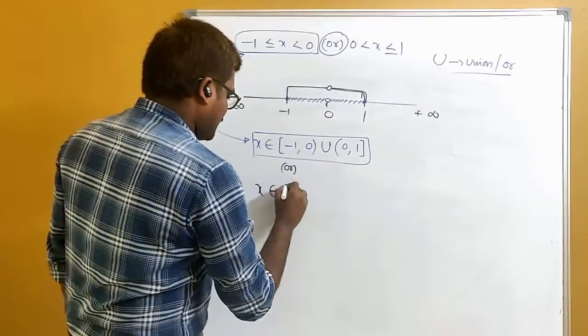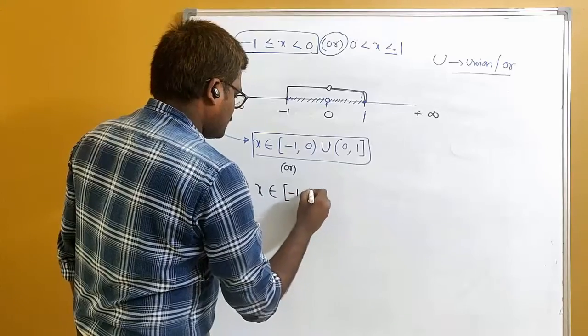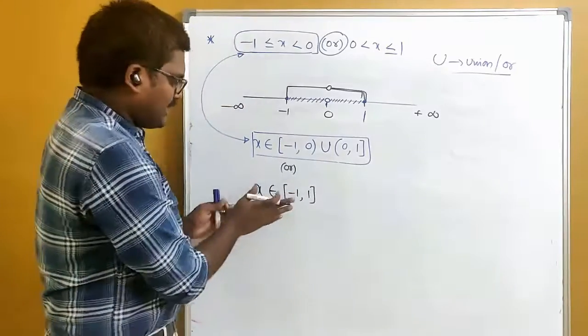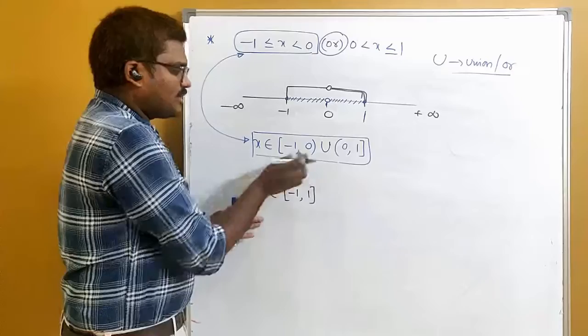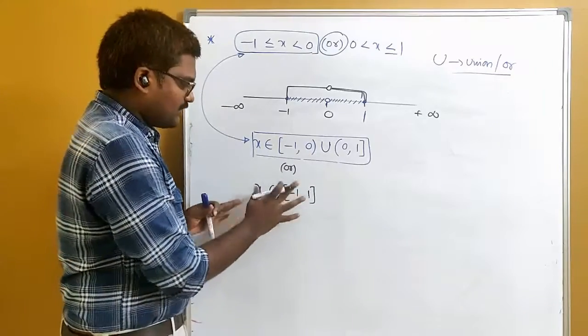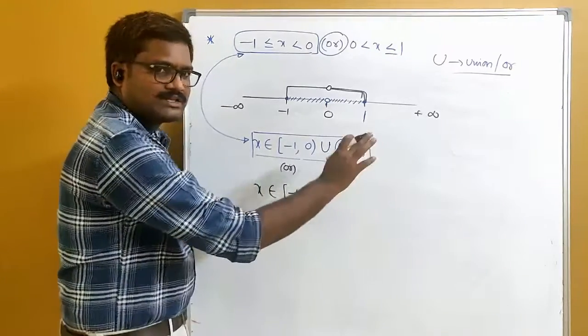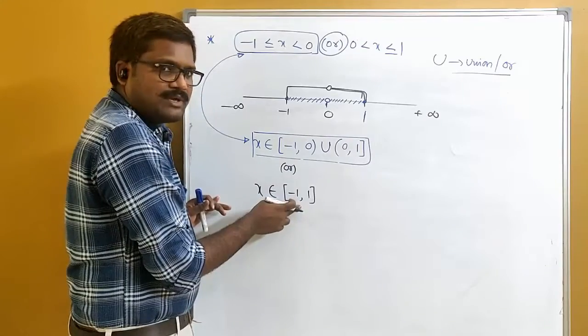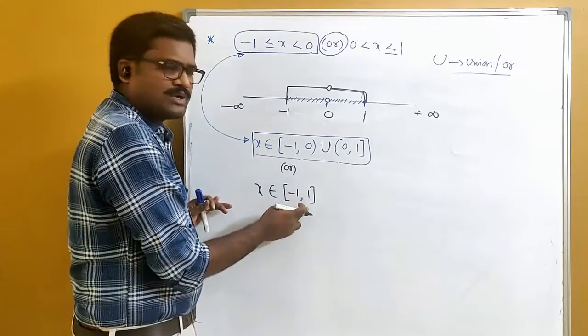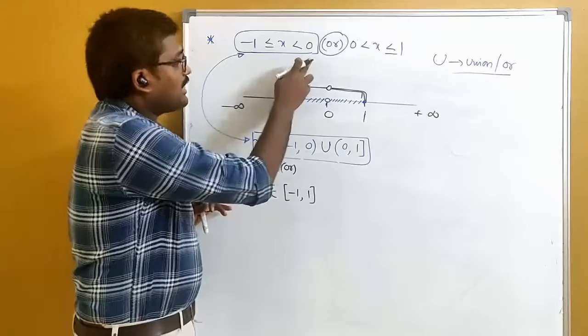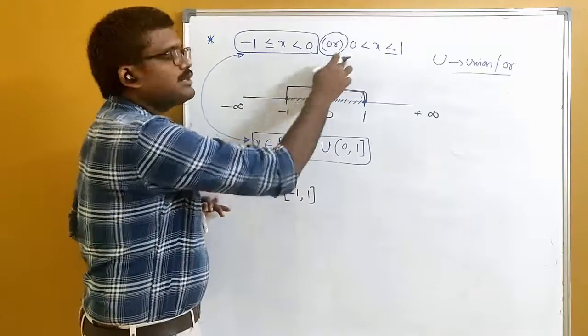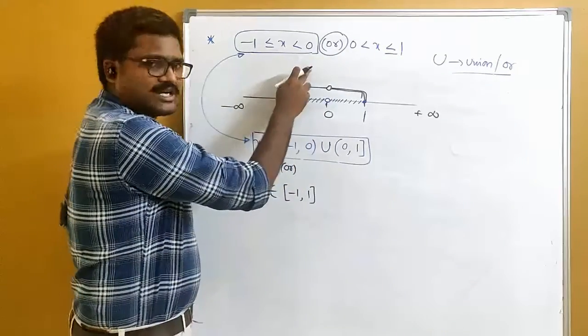So can I write it like this? X belongs to closed interval -1, 1. If I write only this, it will not be equal to the original, because in this interval I am getting 0 also, since between -1 and 1 there will be 0. But according to the original, I should not include 0. Is it correct?